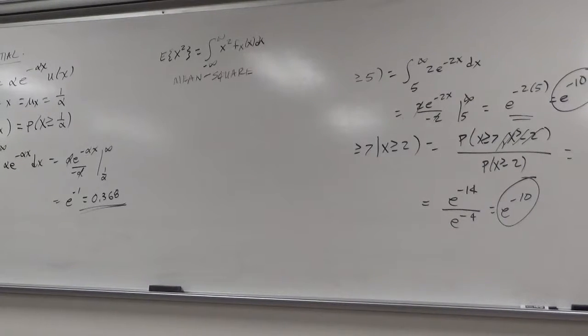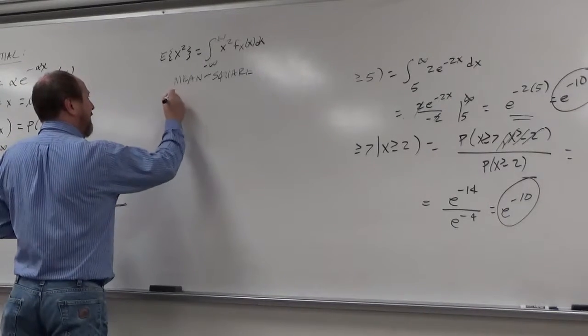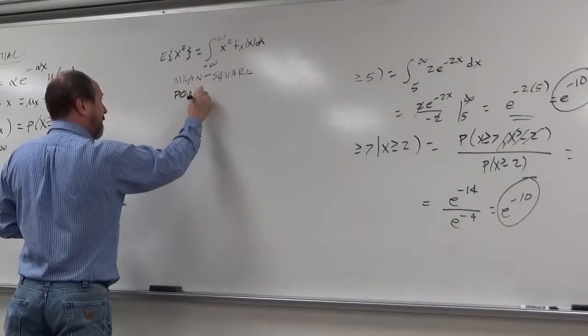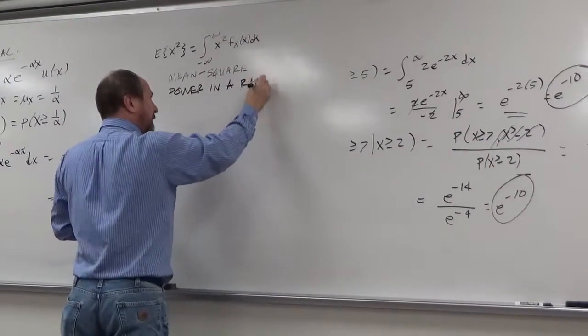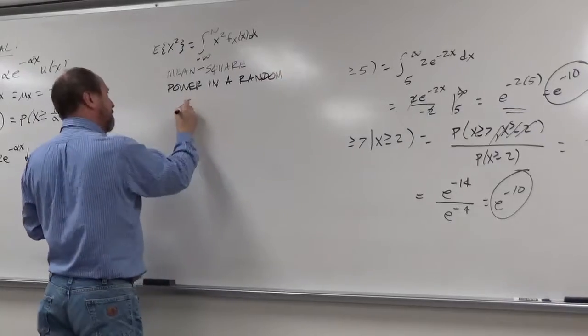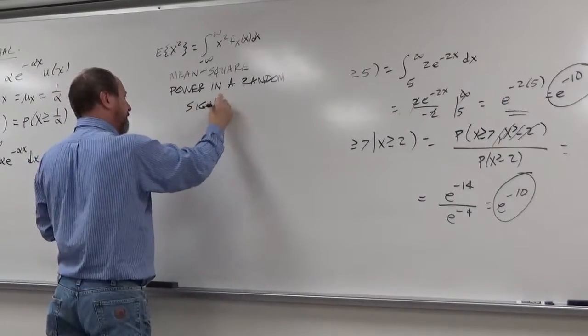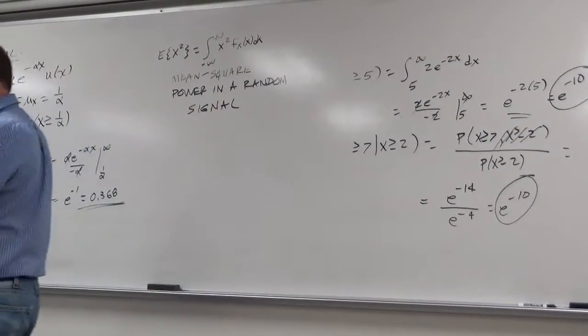But if I don't take the root, it's just the mean square value, and this is how you measure the power in a random signal. So I will add that as its interpretation. It's the power in a random signal. There's a little bit more to it than that, but that's close enough.